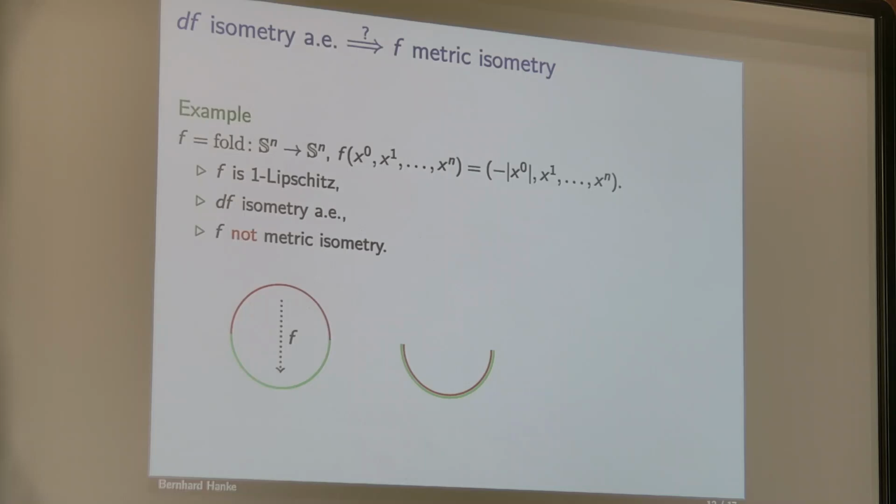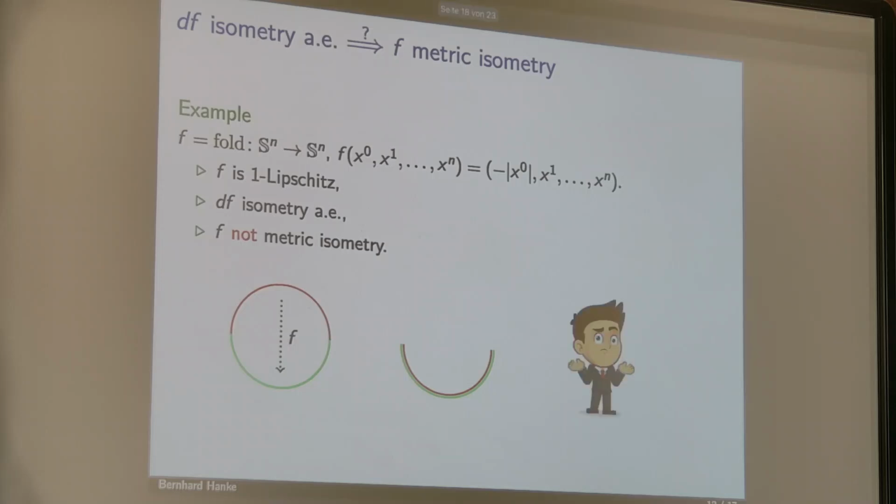So if the differential of f is an isometry almost everywhere, unfortunately the Llarull theorem is not proven yet because of this fact here that this may happen. So the map can still be wrinkled in a completely crazy way, and we do not see what's going on.